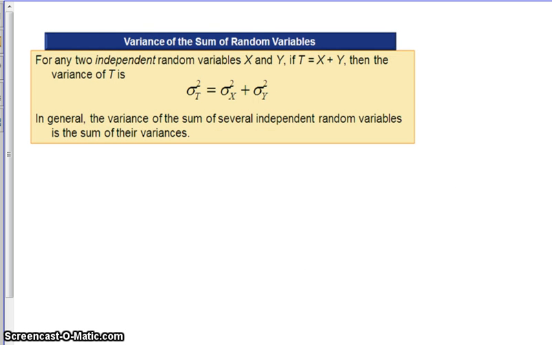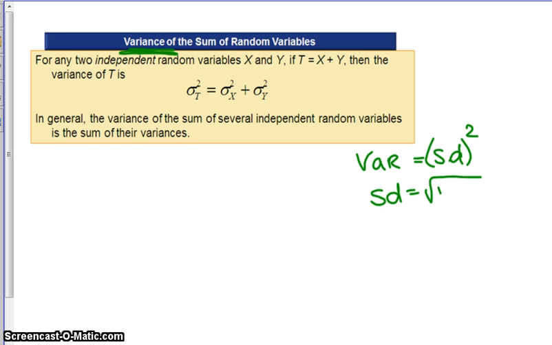Now, here's the big one again. Talking about variance. Remember, variance is your standard deviation squared. Or to get your standard deviation, we're taking the square root of our variance. That's going to come into play. Now, if I want to combine random variables and I want to look for my standard deviation, I have to first find my variance. I can add my variances if I have independent random variables.